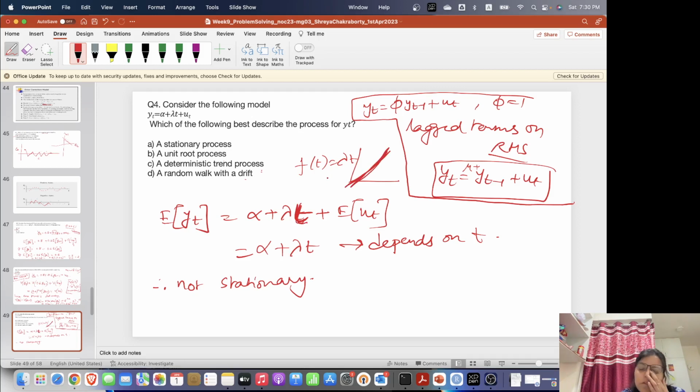So the answer will be that this has a deterministic trend process. If we have something like t square, then that could be a quadratic trend, because the trend component is being modeled over here.